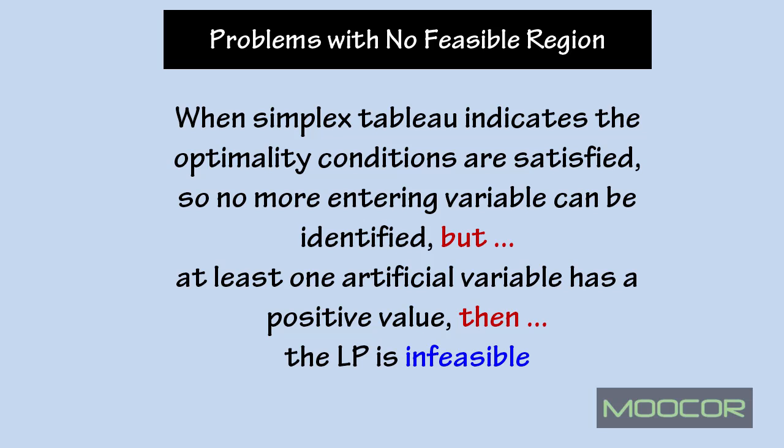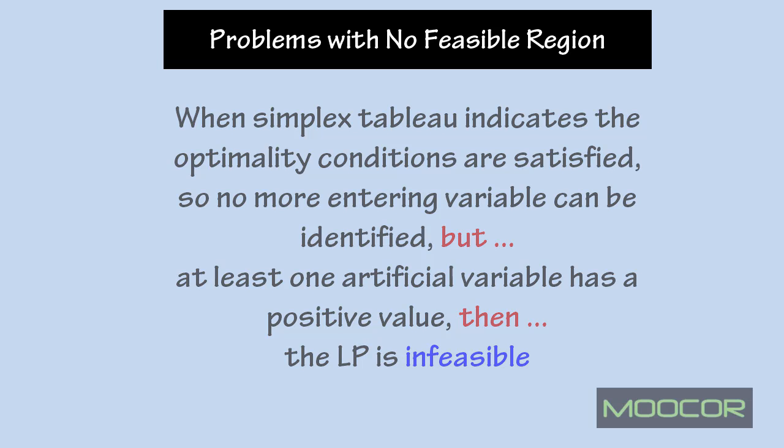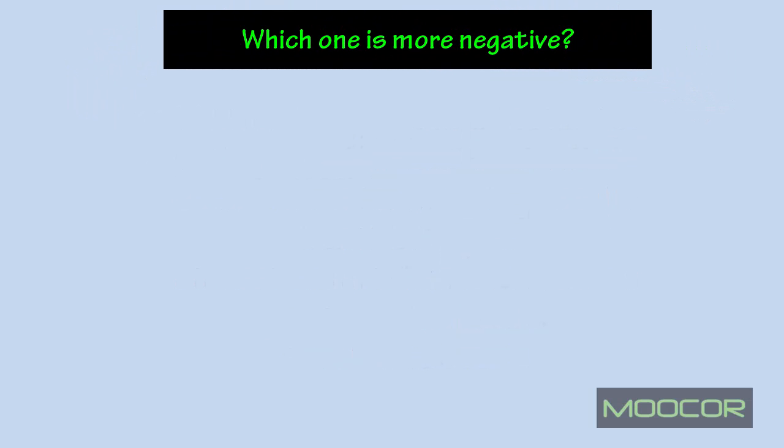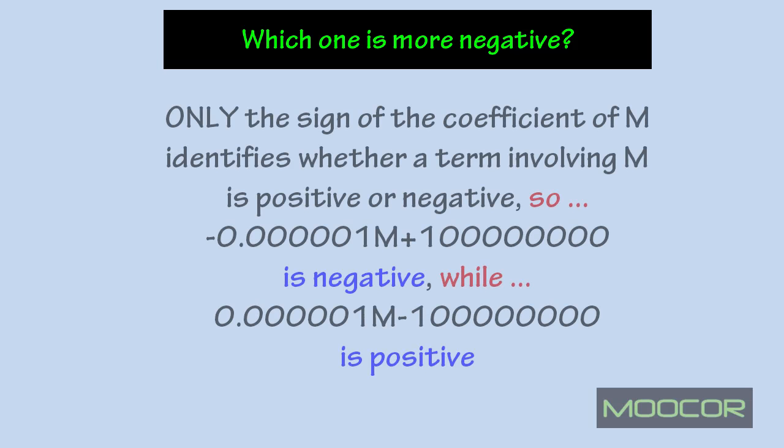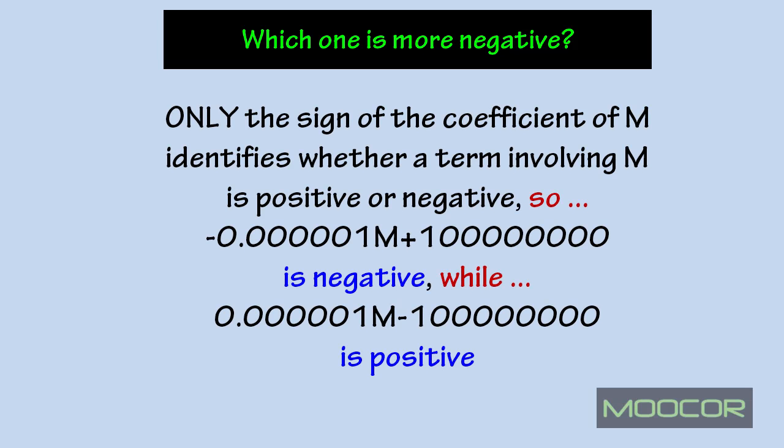One additional point: when we are trying to select the more negative values in the 0 row in the simplex tableau, which one is more negative? Only the sign of the coefficient of M identifies whether a term involving M is positive or negative, regardless of the magnitude of that coefficient.